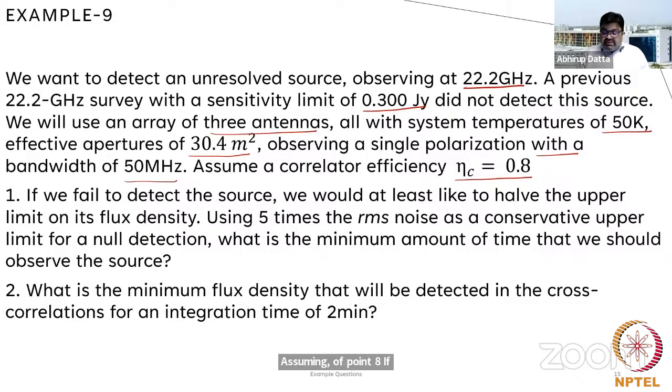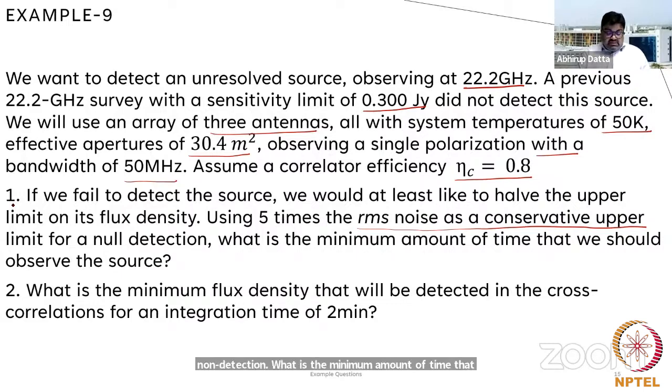If we fail to detect the source, we would at least like to halve the upper limit on its flux density, using 5 times the RMS noise as a conservative upper limit for a non-detection. What is the minimum amount of time that we should observe the source?